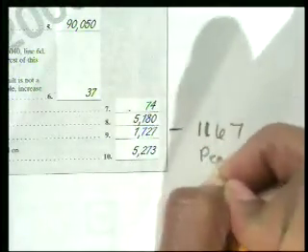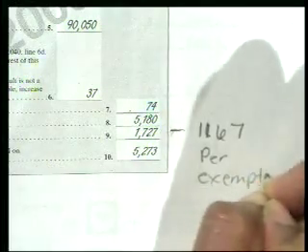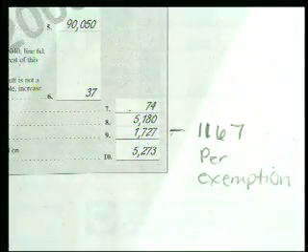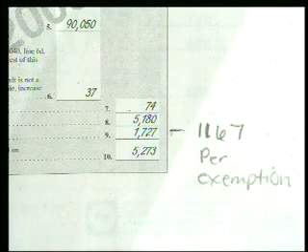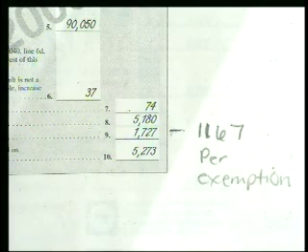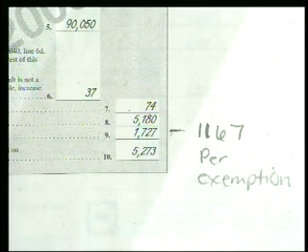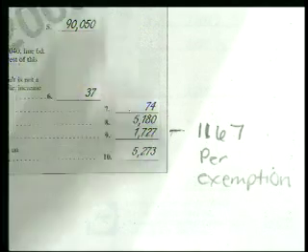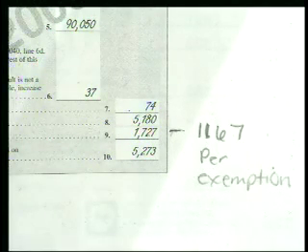I was concerned because I knew there was a maximum amount, but it's not a maximum overall reduction; it's a maximum per exemption. If we took 1,727 and divided it by 2, we would be reducing each exemption by $863.50. You get $3,500 per exemption, and the maximum we can reduce per exemption would be 1,167, so we didn't meet that maximum amount.